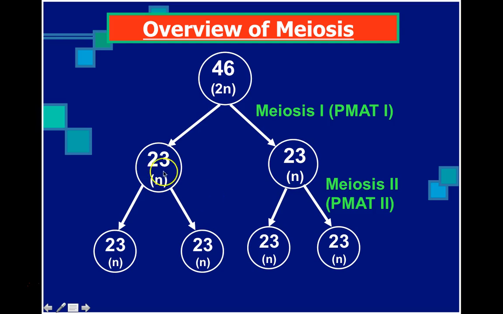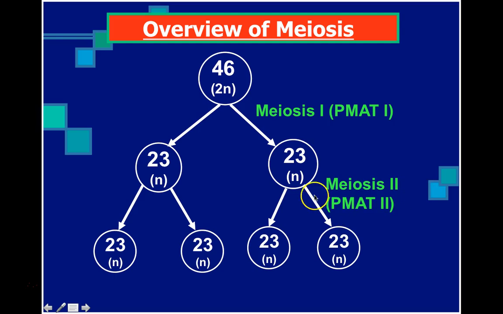So now, this portion right here is very similar to mitosis in terms of we have chromosomes lining up, we have chromatids that are splitting, and your result is two identical cells to the original parent cell. The only difference from meiosis II and mitosis is that the original parent cell has 23 chromosomes, whereas in mitosis, the original parent cell had 46.